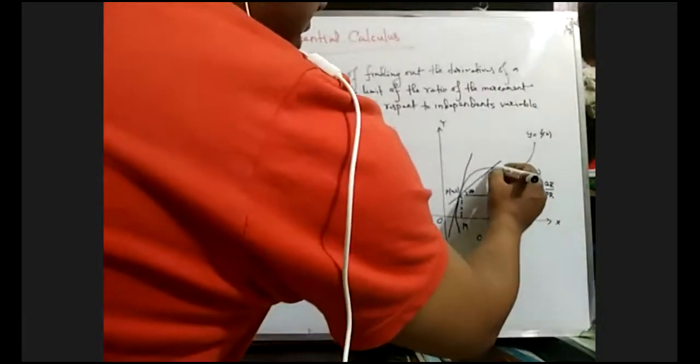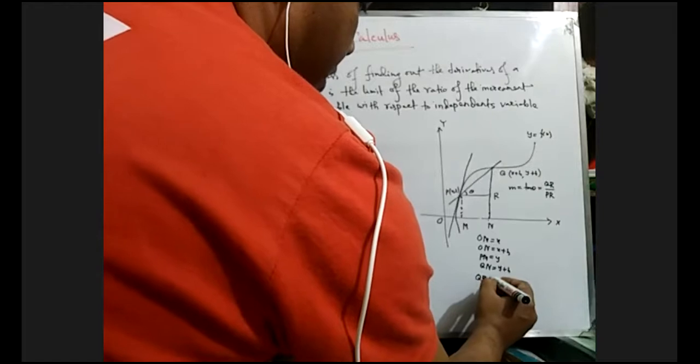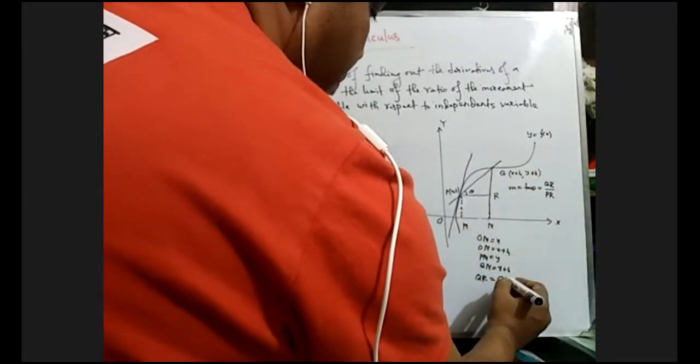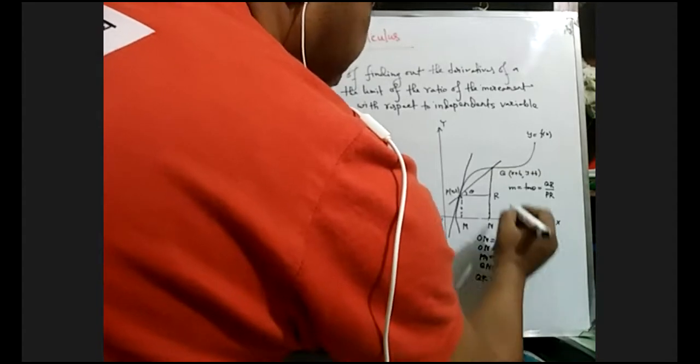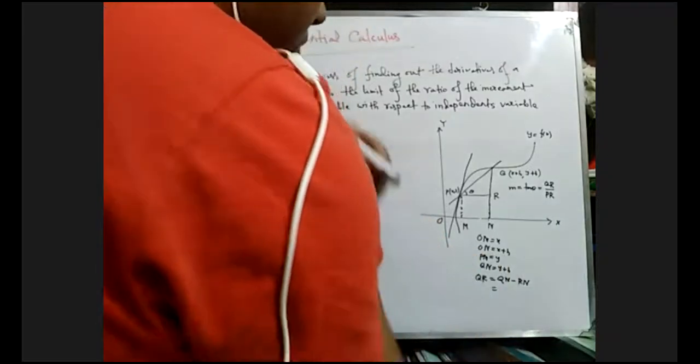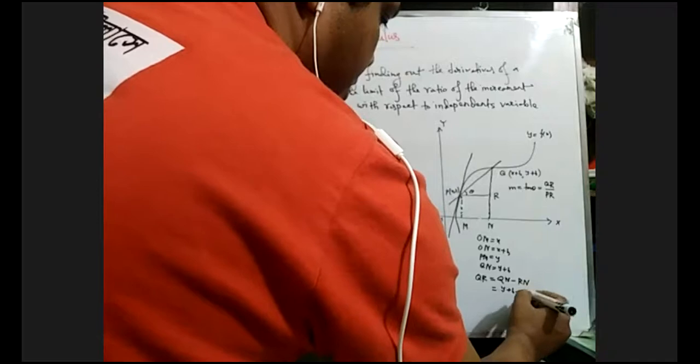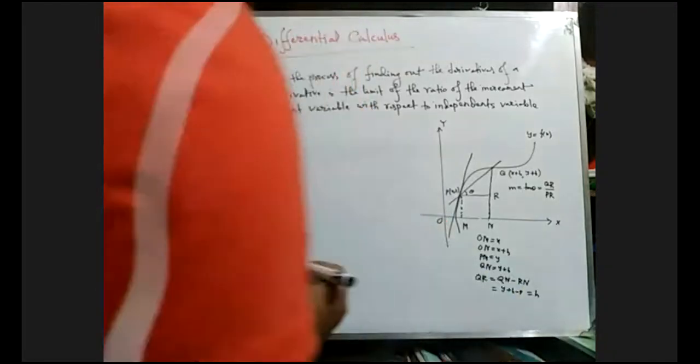So we get QR equals QN minus RN. QN equals y plus a, minus y, that means a is the increment.